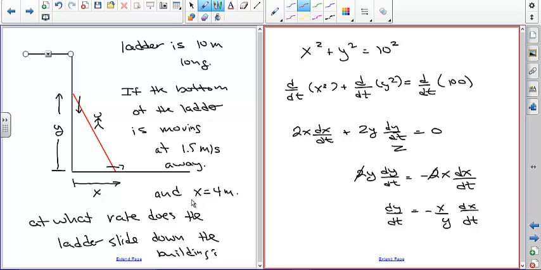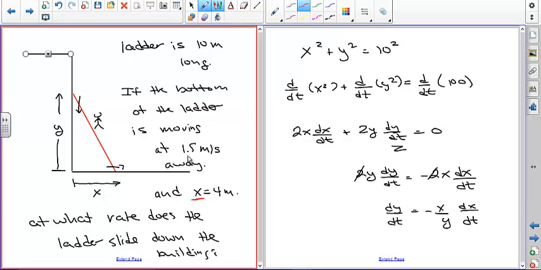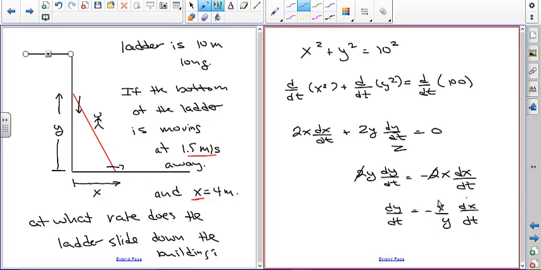So now we see if we've got enough information. So we know what x is, and we know what dx dt is. So we know this one and we know that one. In this case, we don't know y, but we can use the same geometric relationship that was used to derive the relationship between the rates. So we can solve for y, because that's the one thing we still need.